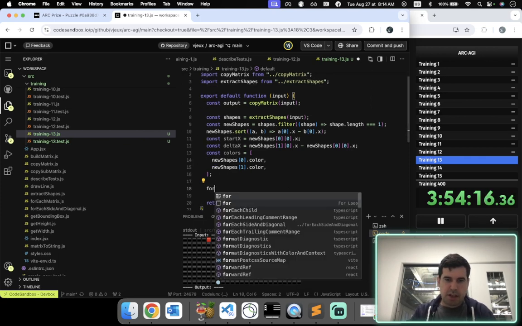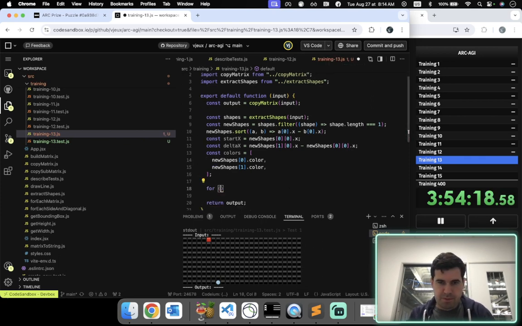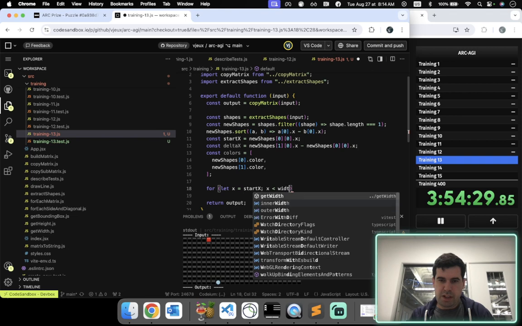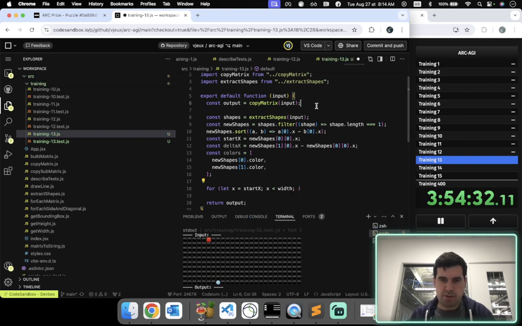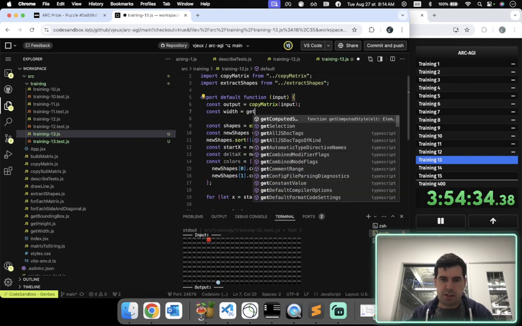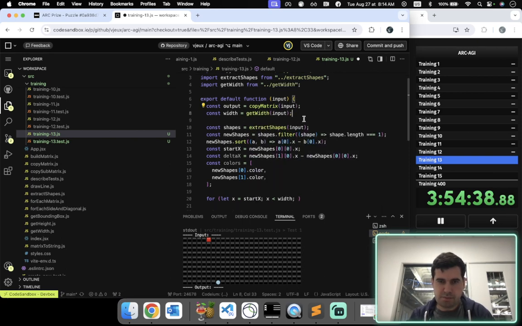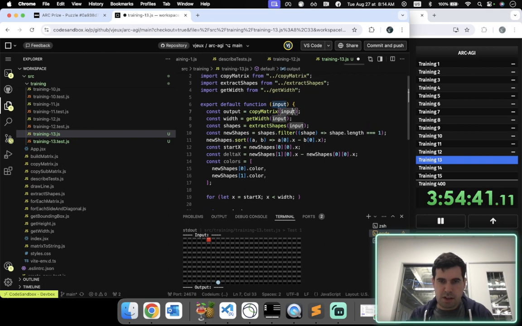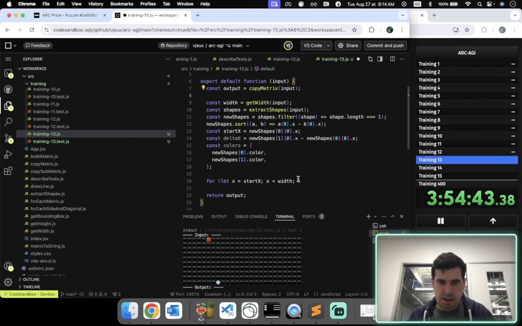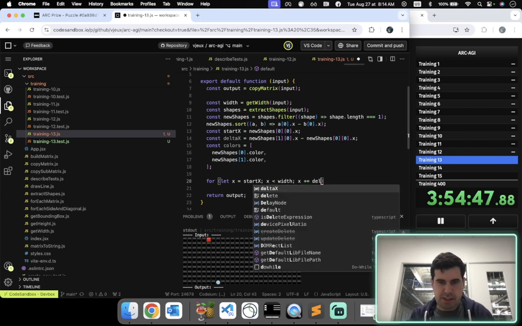So for let x equal start x, so we want x to be before the width, and then const width equals get width of the inputs. Okay. And so x plus equals delta x.